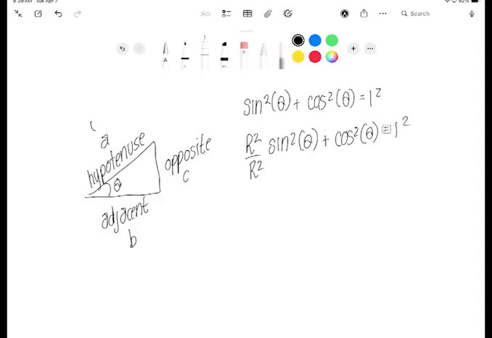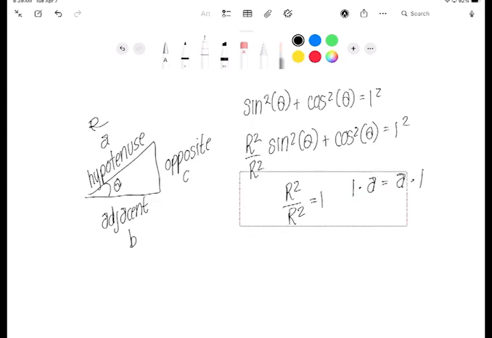So r is what we're going to call this length, so the length of the hypotenuse. So how can we do this? So as you know, r squared over r squared is equal to 1.